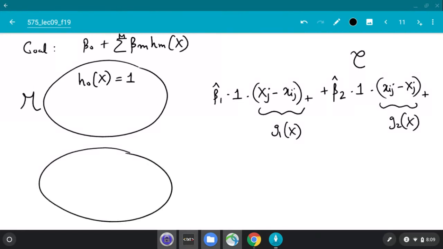So maybe from h naught, I have h1 of x and h2 of x, which I think in the notes is x2 minus x7.